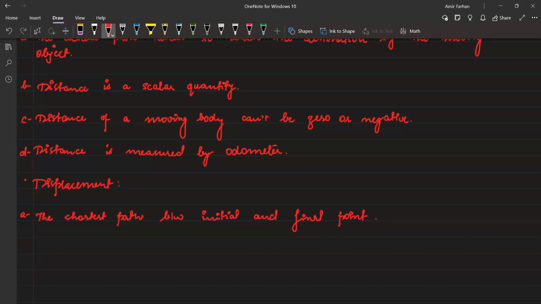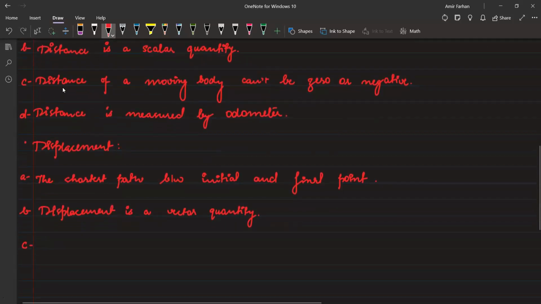So this is the shortest path between the initial and the final point. Clear? Now the second property: displacement is a vector quantity. It has both magnitude as well as direction. And the difference between distance and displacement is that displacement can be zero as well as negative for a moving body.